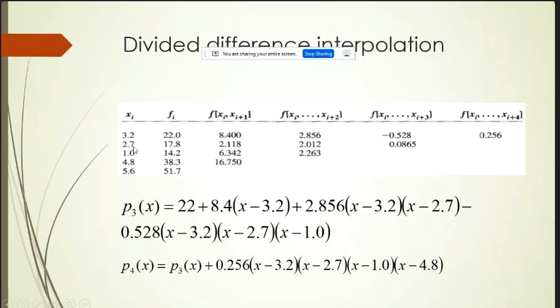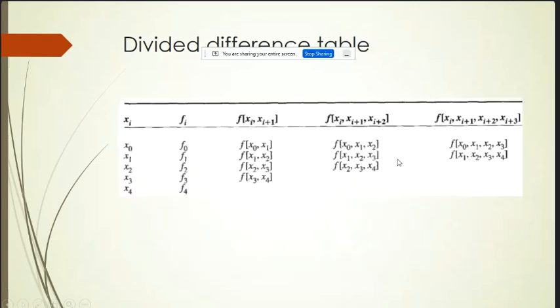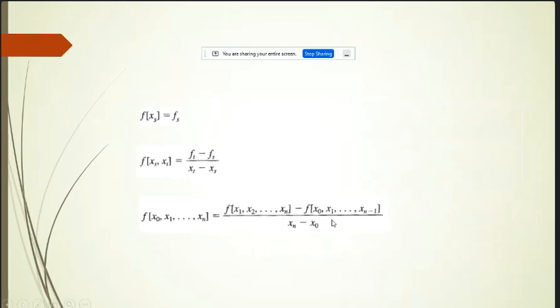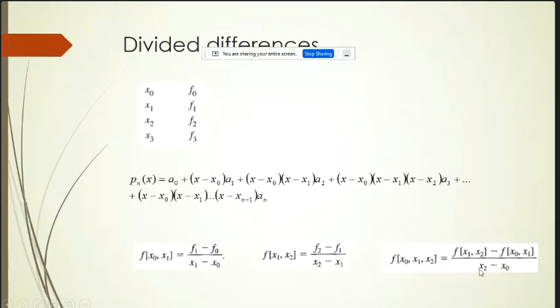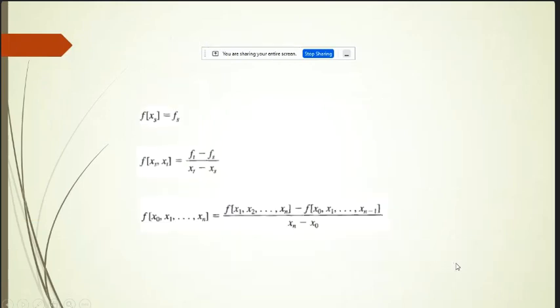We get 4.5, and we get these values, 2 point, and the other values as here. Remember that these values can be computed by this equation.